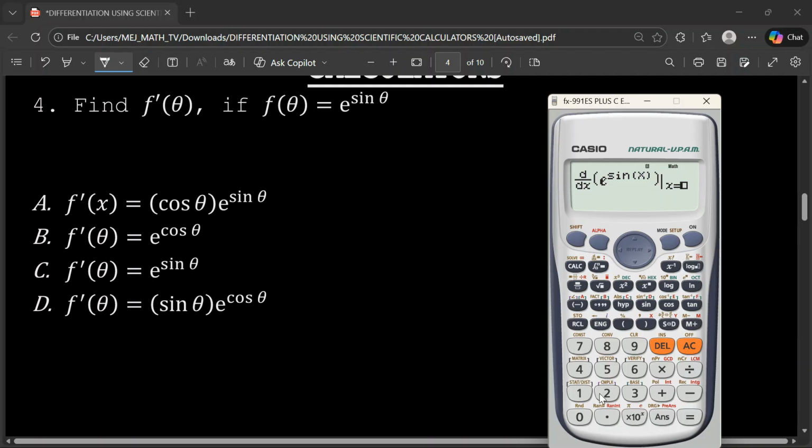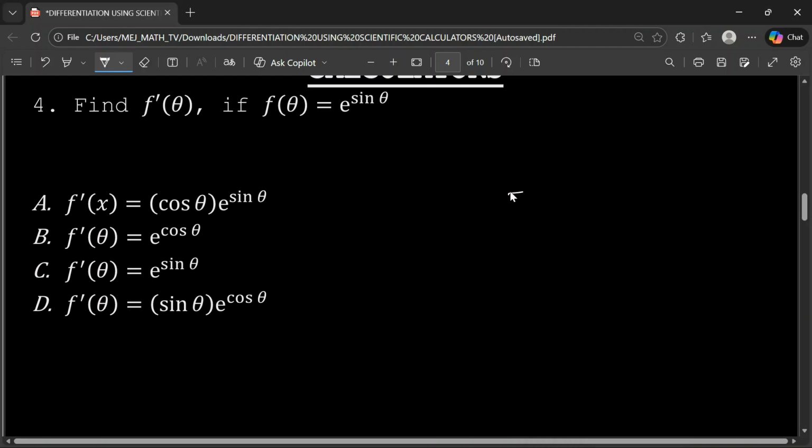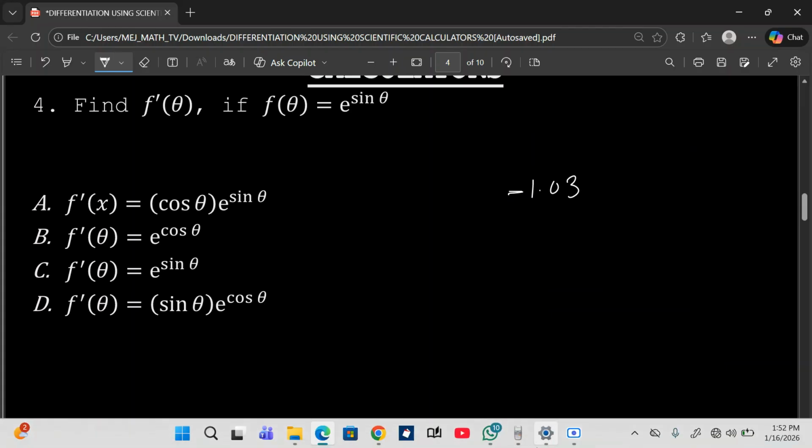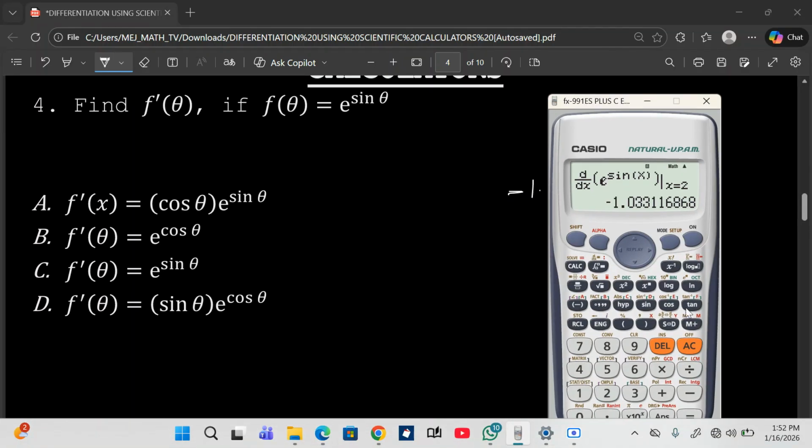I'm still going to evaluate it at a point 2. And the answer is negative 1.03. So we are going to test the options.